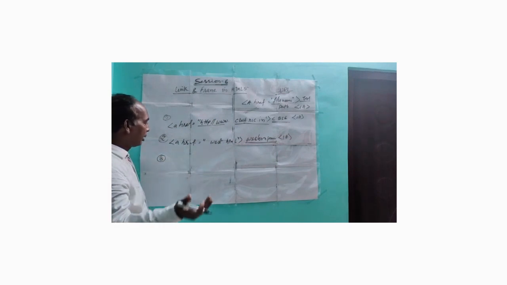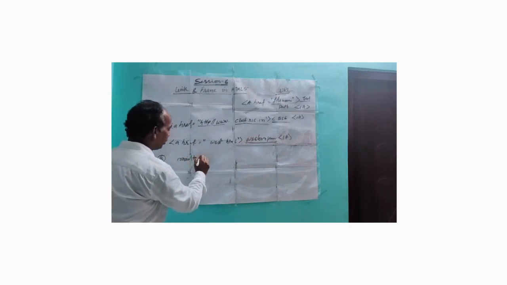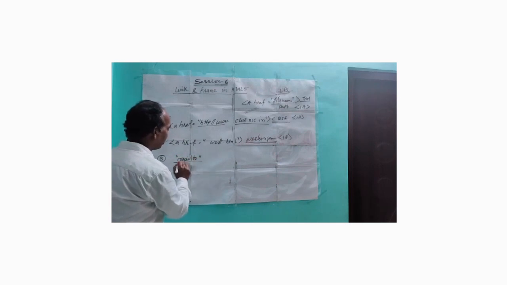The third is most important. Suppose you want to send a mail to other persons. In that case, one command is needed, that is mailto. To send a mail in a web browser or website, you need one command, that is mailto.